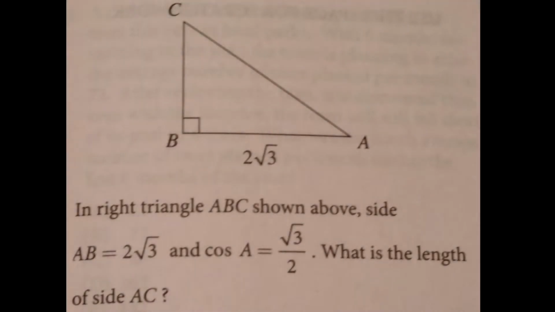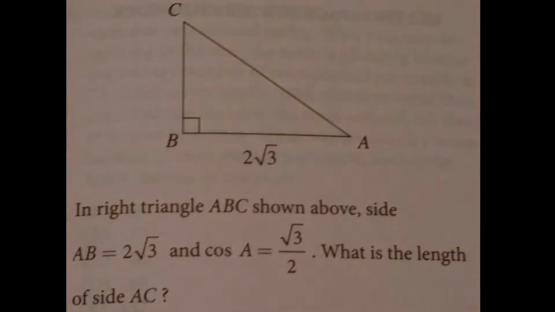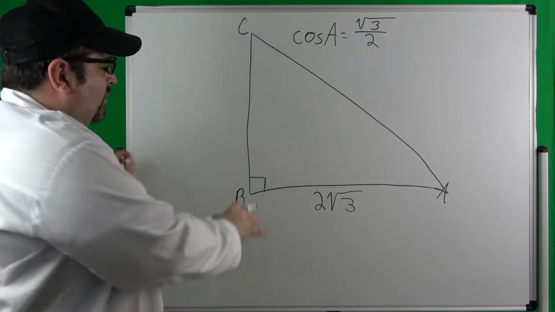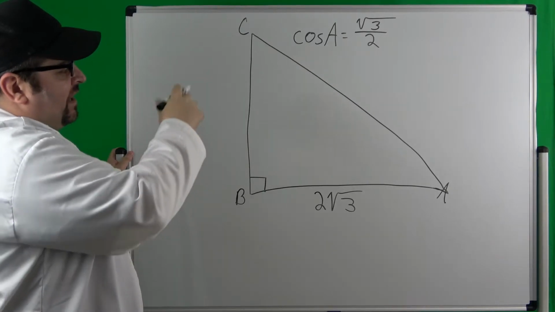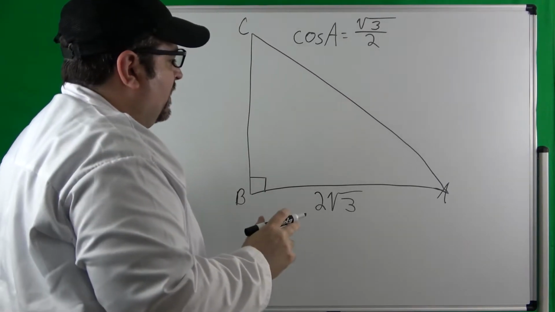In the triangle, side AB equals 2 radical 3, and cosine of A equals radical 3 over 2. What is the length of side AC? Alright, so this is a right triangle, so we're going to be able to use sine, cosine, and tangent here.